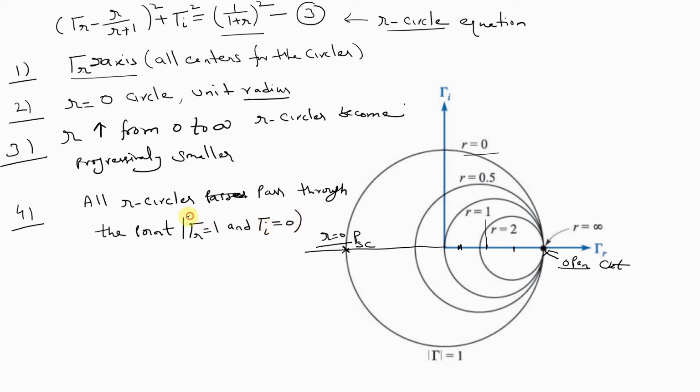This is the point. Gamma R is equal to 1 and gamma I is equal to 0. So these are the properties of r circles.